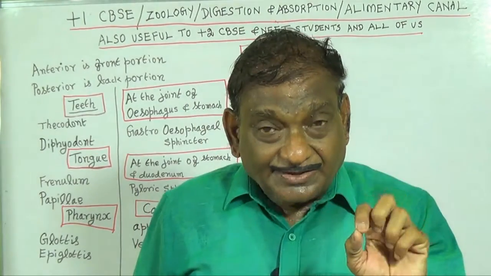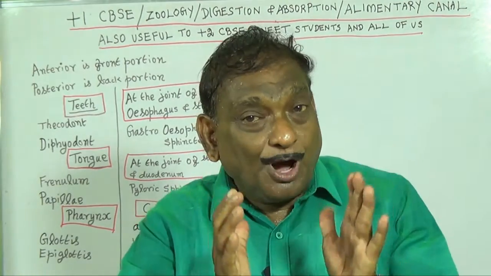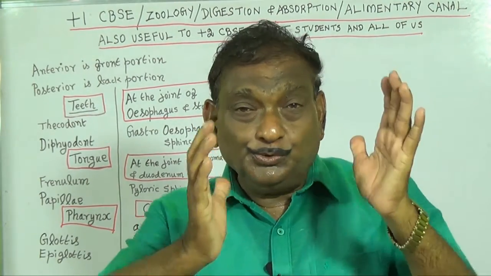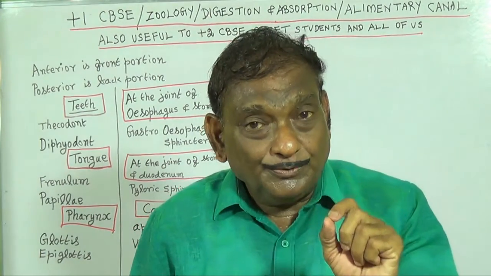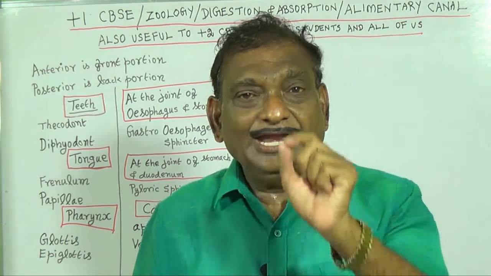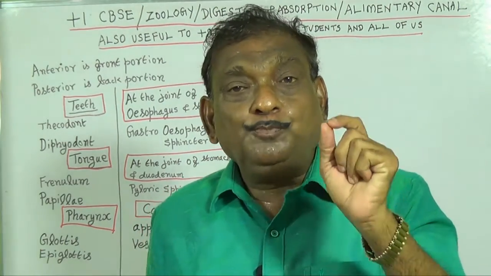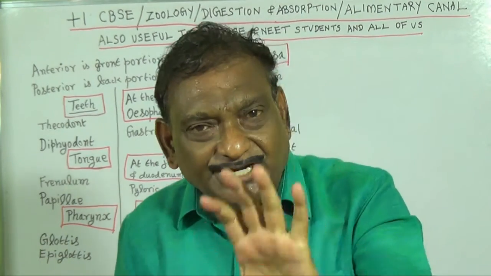Third layer, that is submucosal layer, is made up of loose connective tissue. This connective tissue has nerves, blood and lymph. In the duodenum portion of the submucosa, glands are present.